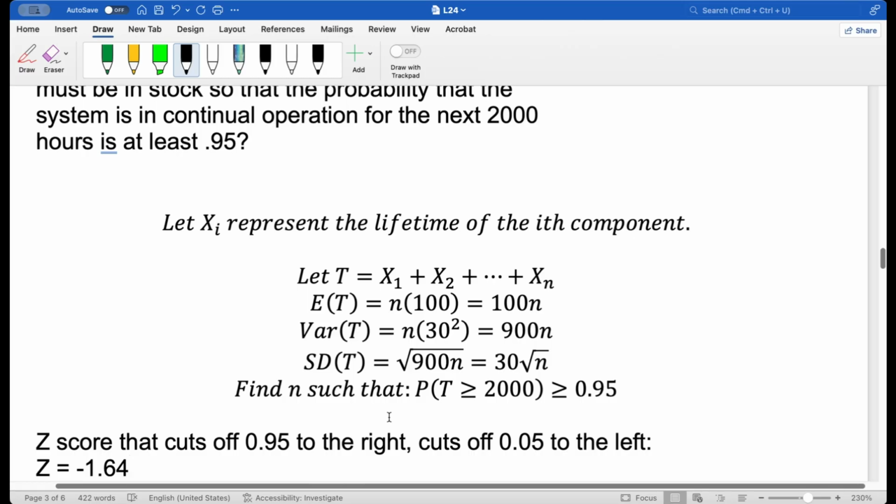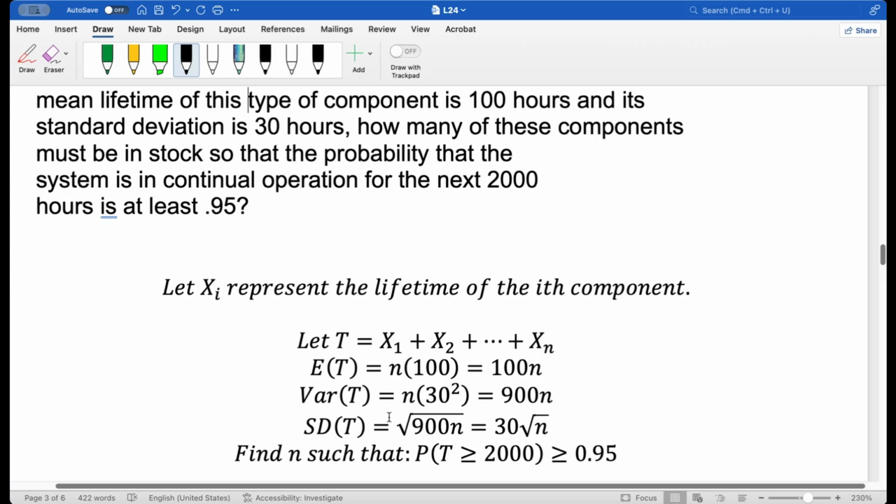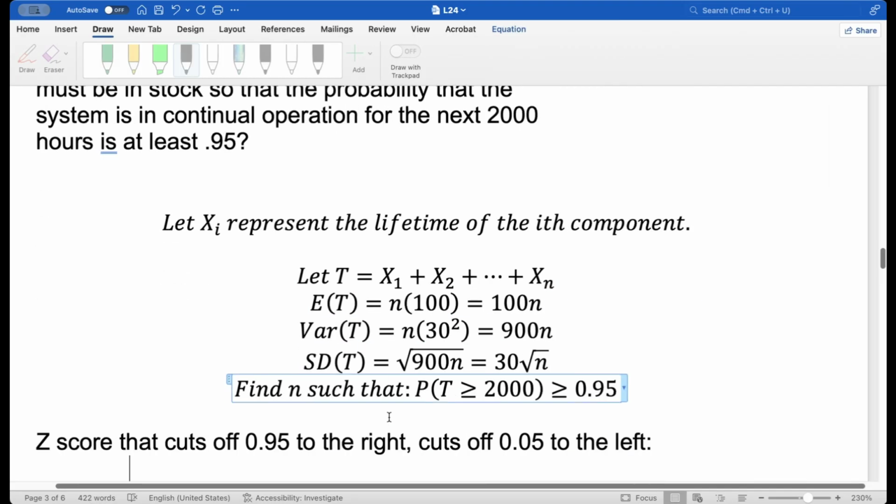So it's a little bit tricky here, but we want to guarantee that we're going to have at least a 95% chance that the system will run for 2,000 hours. So we want that on the lower end here. We want only a small probability of the total being under 2,000.